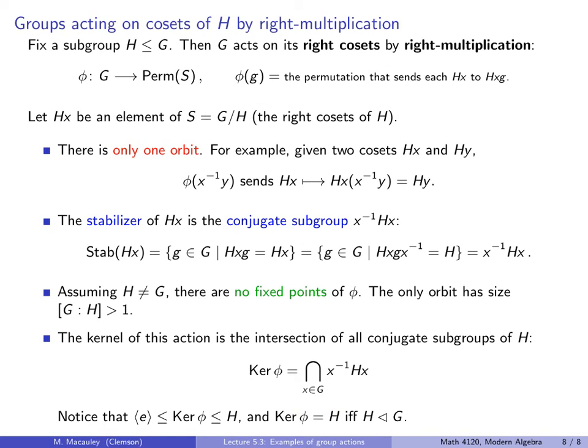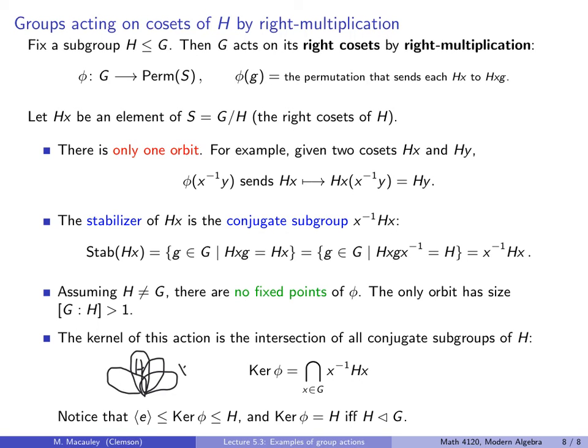Now let's draw a picture to see why that's the case. So H is some subgroup, it's like this. And then the kernel is the intersection of all conjugate subgroups. So the other subgroups might look like this. There might be one there, there might be one there, there might be one there.